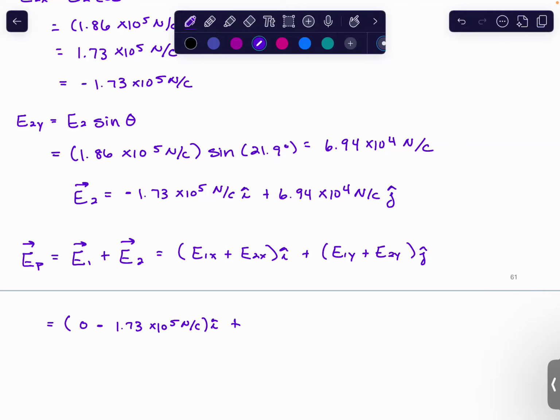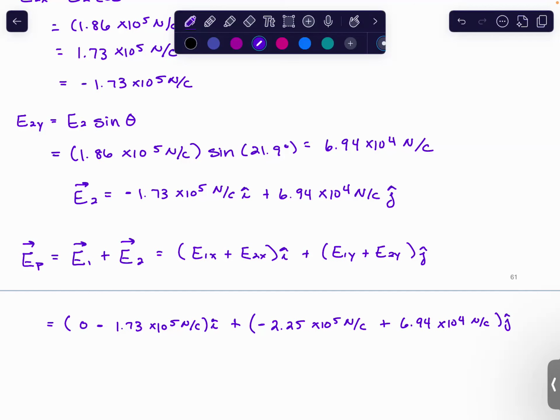And then your Y component. Your E1Y is going to be negative 2.25 times 10 to the 5th newtons per coulomb, plus 6.94 times 10 to the 4th newtons per coulomb.